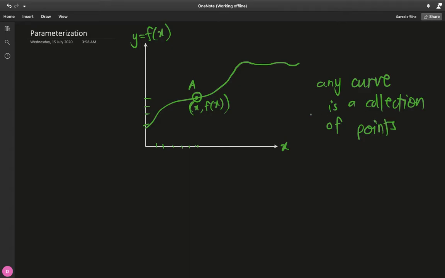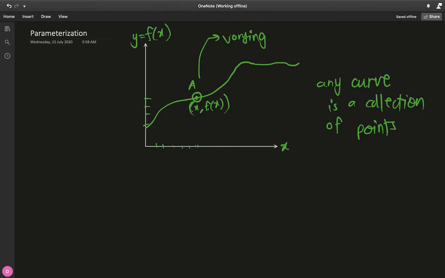There are an infinite number of points on a curve, and this seems pretty clear when we write any point on this curve as x comma f of x. X comma f of x is a point, and this point is varying. That's why it's called a variable. So the position of this point changes for every choice of x that we have.